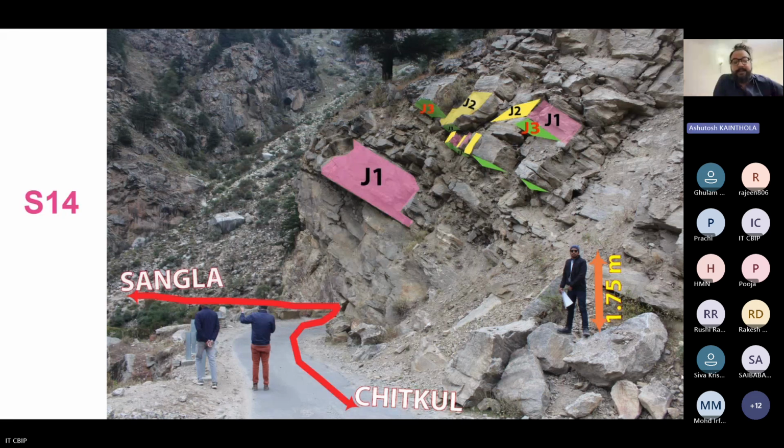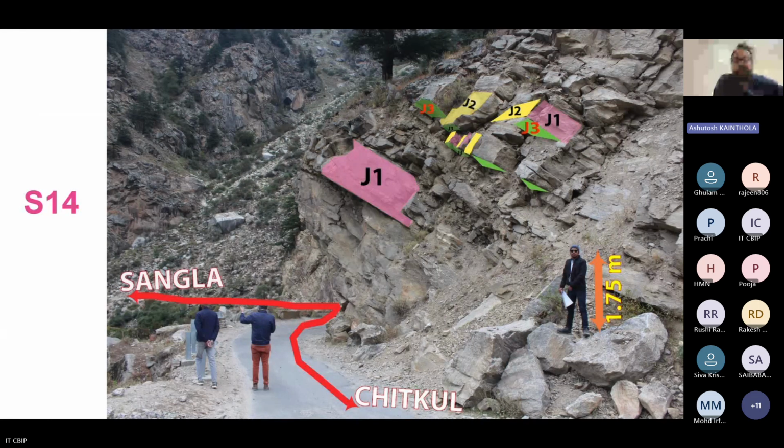This is S14. It's near Sangla, and these are the type of rock masses where you can clearly see indication of planar failure. As you can see, the yellow shading, J2, these are the planes along which blocks can fail in a translational manner.